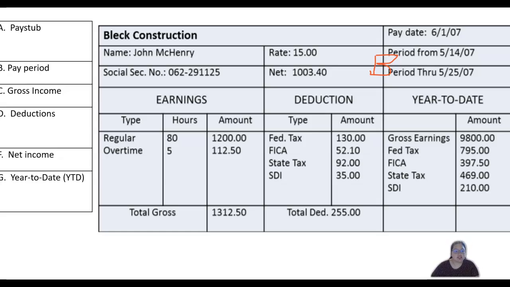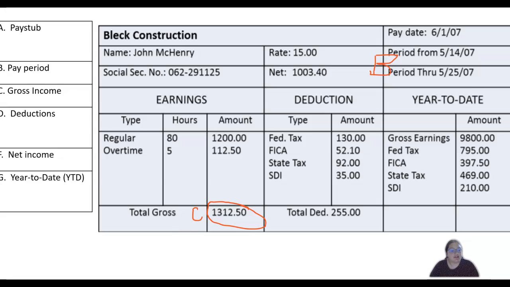The next one is your gross income. So on this check, I can see that the gross income is $1,312.50. That gross income comes from two parts. John, in this case, worked 80 hours of regular time, which allowed him to earn $1,200.